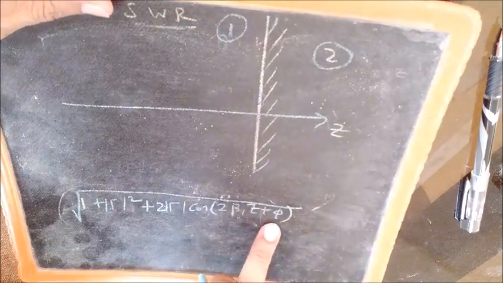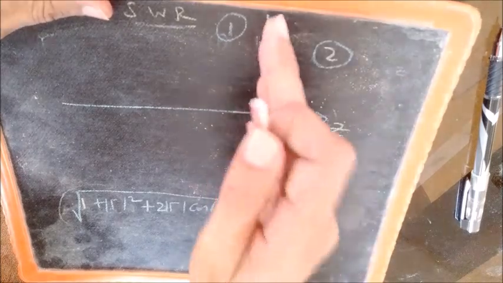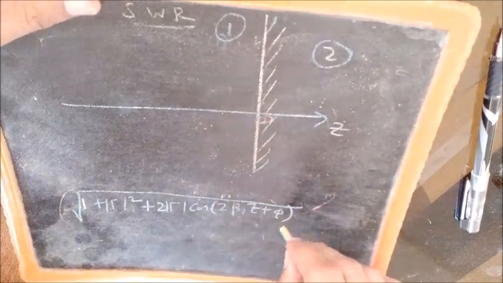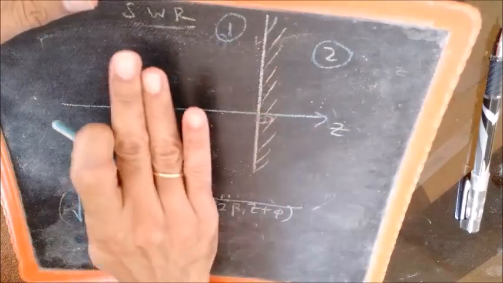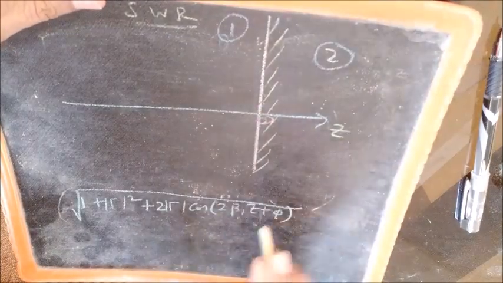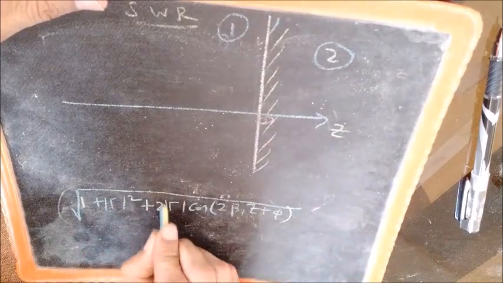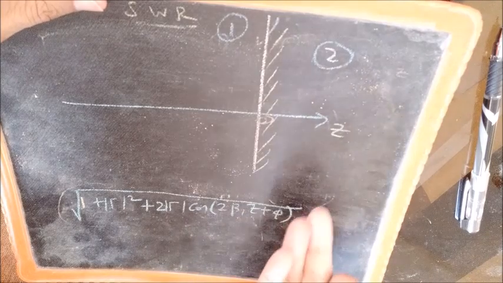Now, if phi is 0, you can see what happens at z equals 0, exactly at the interface. What happens to the amplitude of the wave on the left-hand side? If phi is 0, when z is 0, you have 1 plus magnitude gamma square plus 2 magnitude gamma, since cos 0 is 1.